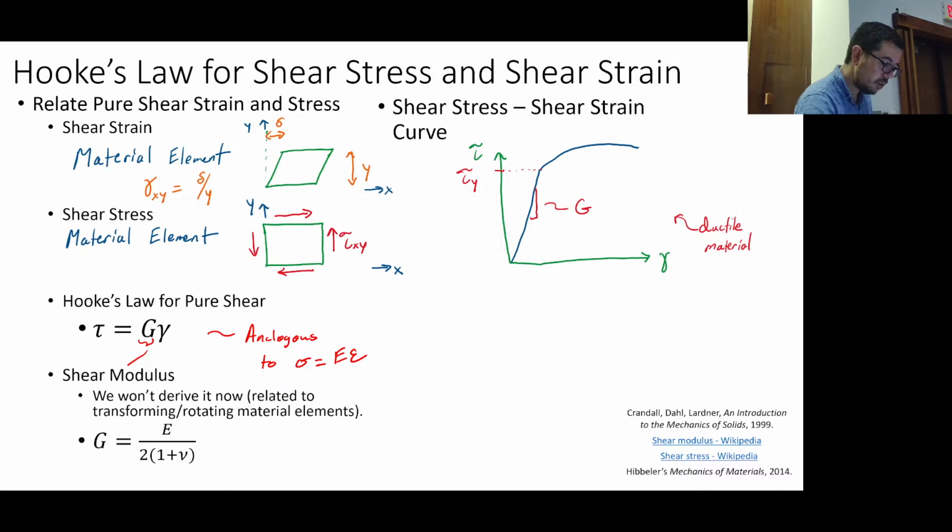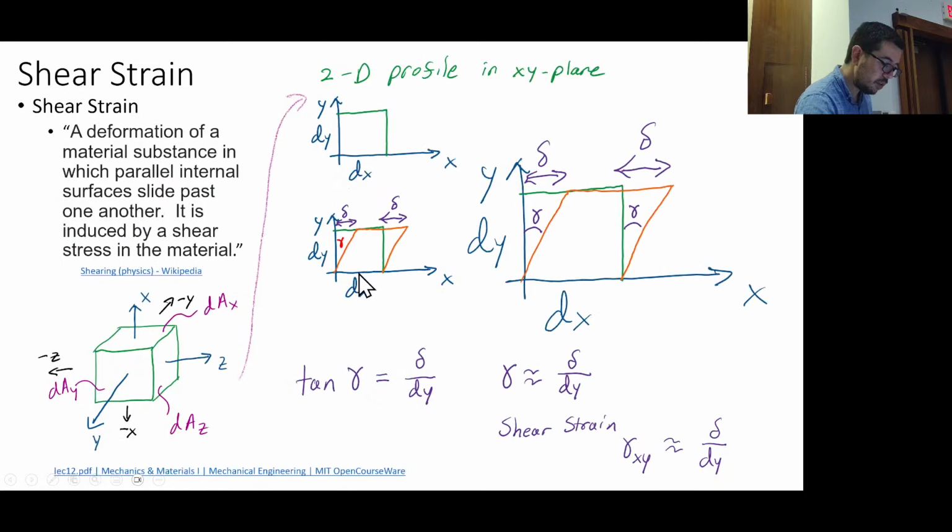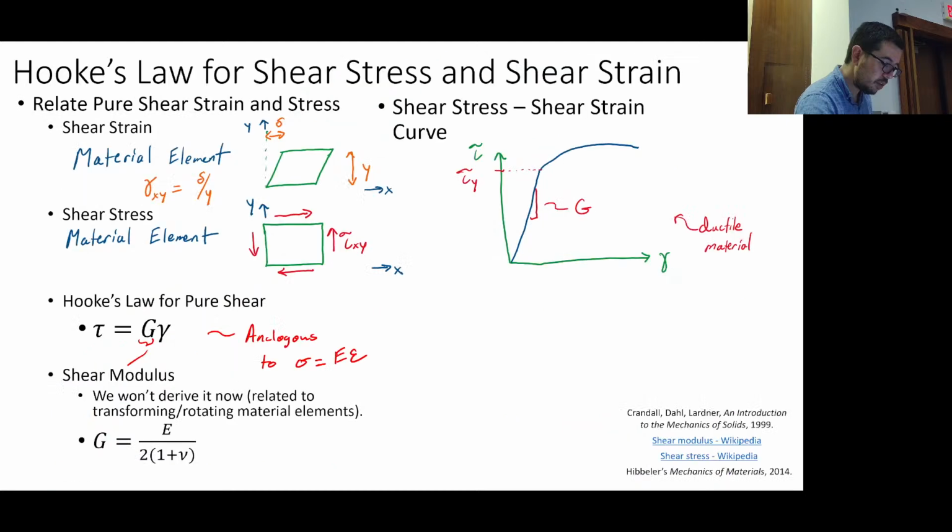The other thing to point out is that this kind of description is a bit of a, I don't want to say a lie, but the hardcore mechanicians won't draw it like this. Because now you're saying, I've got this flat thing that is constrained on the bottom. What they'll often draw is something more like this, where I've got this diamond distorting shape.